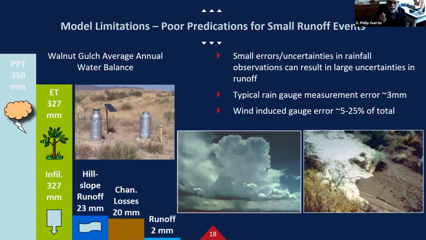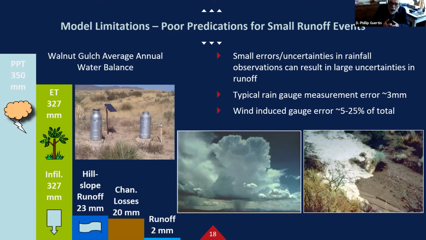We get on average 350 millimeters of rain per year. Most of that water is infiltrated and then evaporated back to the atmosphere. Only 2 millimeters come off as runoff.